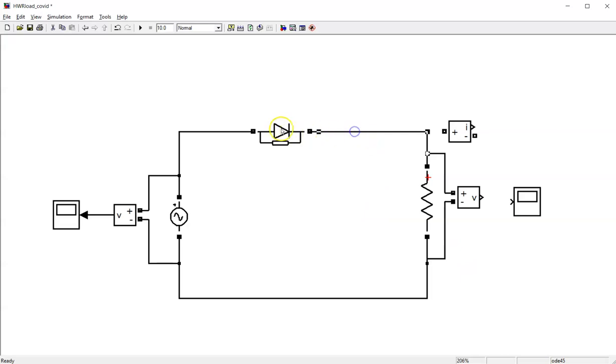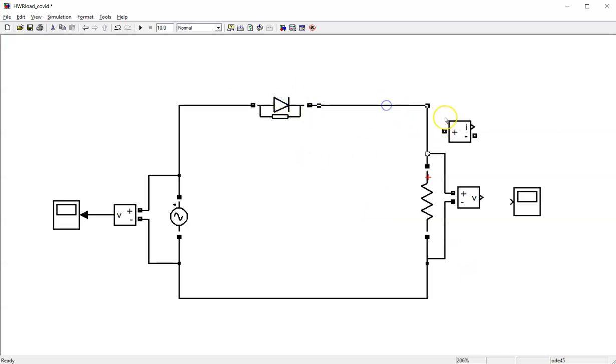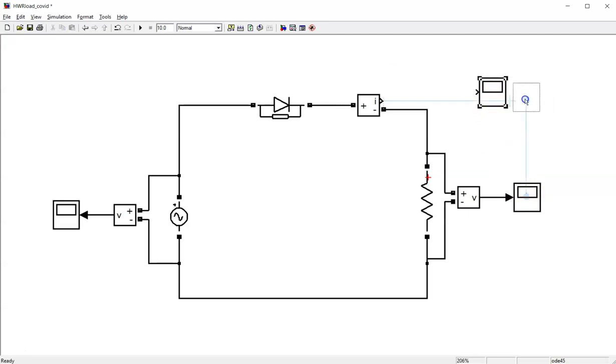The current we need to connect in series with the components. Just drag. By dragging the component, the symbol or component is duplicated. You duplicate the components by dragging them.